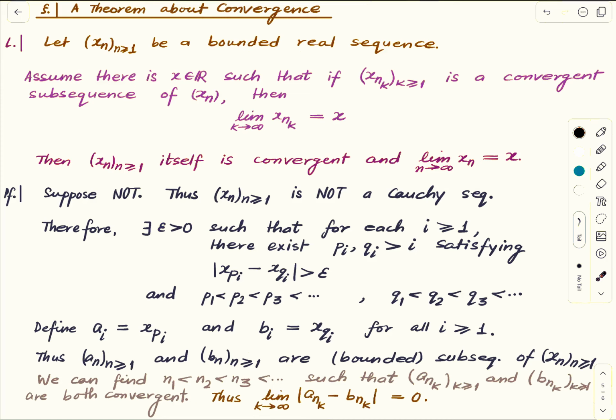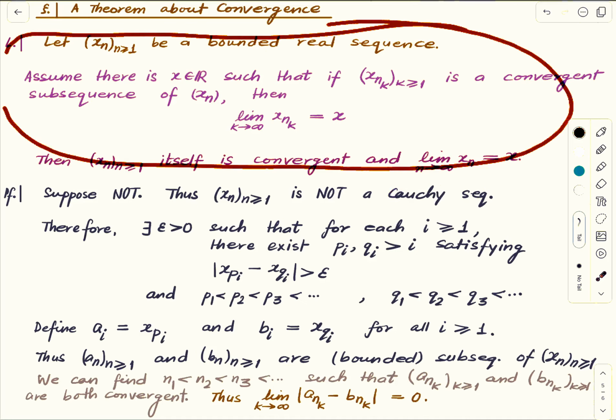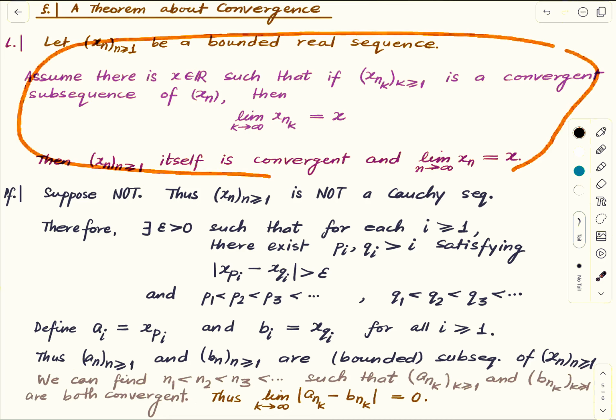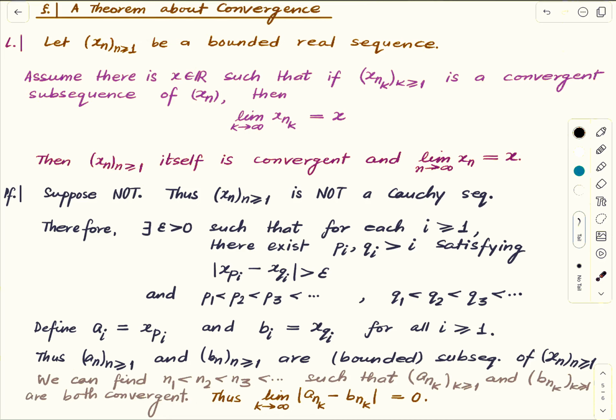So slightly long-winded reasoning, but it's kind of a follow-your-nose argument. Once you decide to use the Cauchy criterion, nowhere in the statement is the word Cauchy present, and this proposition perfectly makes sense without even defining the notion of Cauchy sequences. But the fact that Cauchy sequences and convergent sequences are exactly the same things helps us solve this.